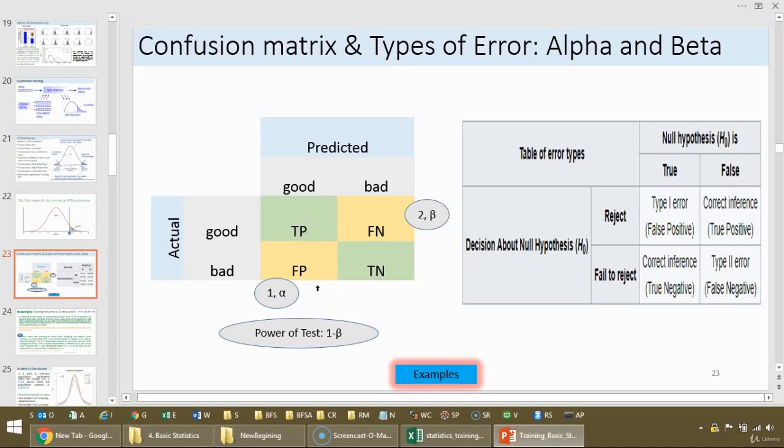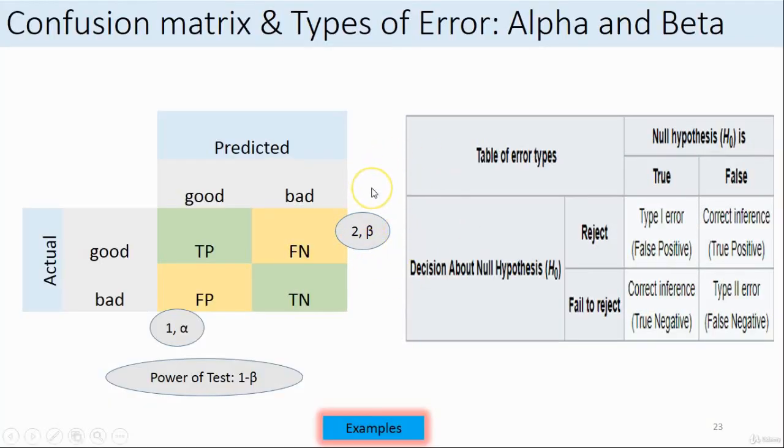Then how are you going to deal with this kind of situation? But before you go ahead, let me explain through an example which error you should minimize and why.